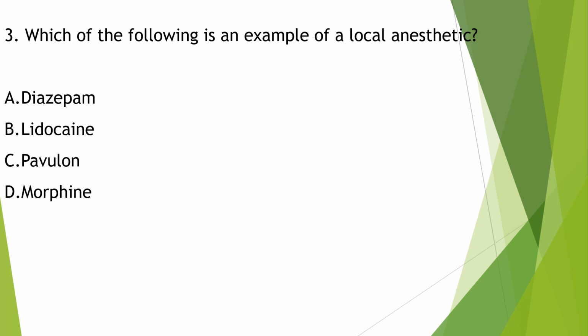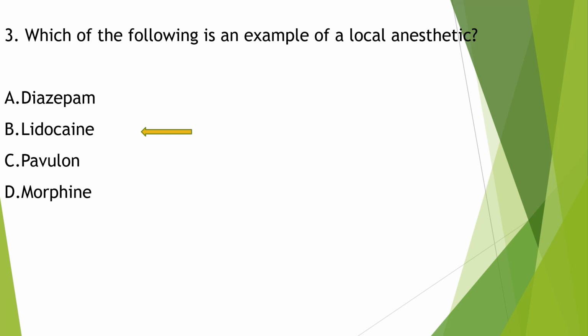So lidocaine has a rapid onset and a short to intermediate duration. That is, it has a duration of 60 to 120 minutes of action, and the maximum dose of lidocaine is 4.5 mg per kg, and it is the main local anesthetic we will be giving. Bupivacaine has a slow onset and a long duration of nearly 4 to 8 hours of action.